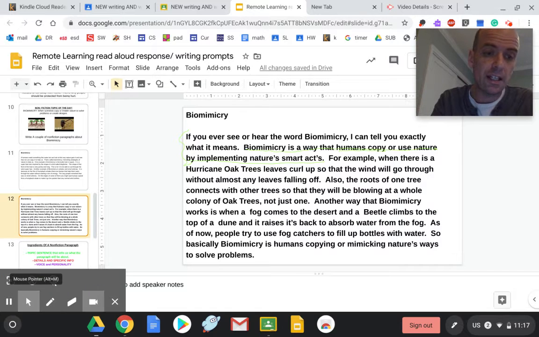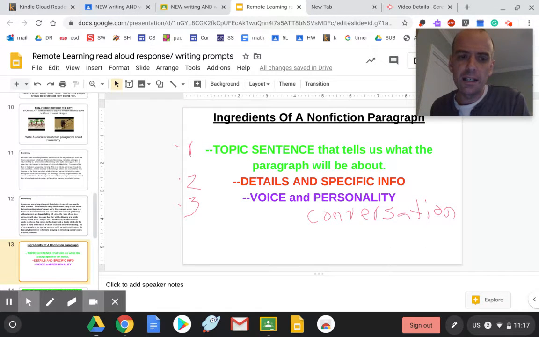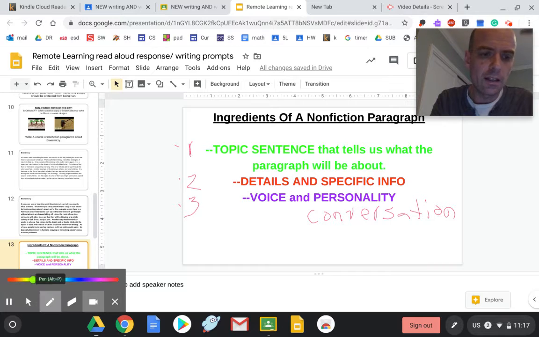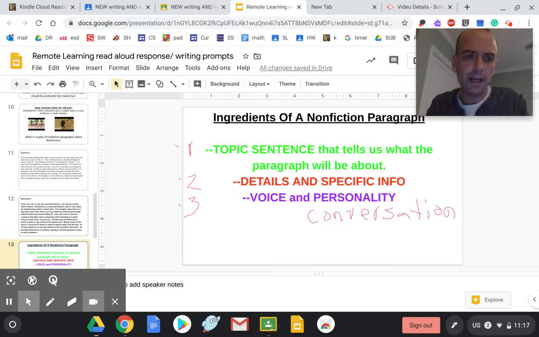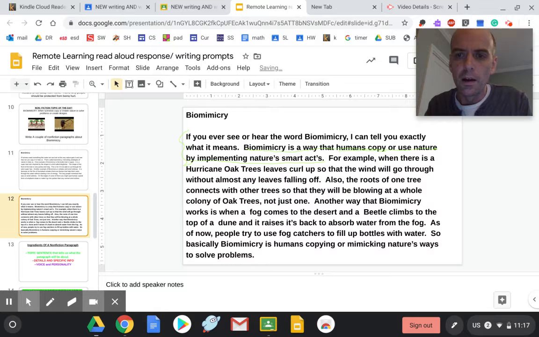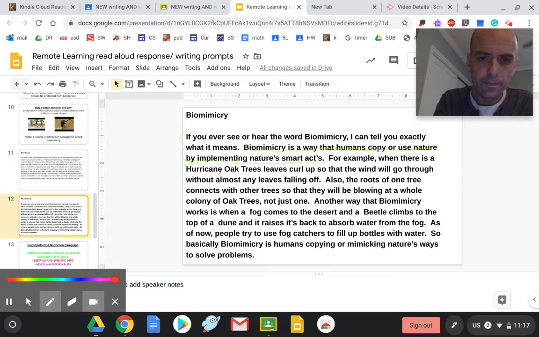So let's see the next ingredient, details and specific info. So let's read through here and see where this person uses details and specific info. Okay. For example, when there's a hurricane, needs to be a comma.